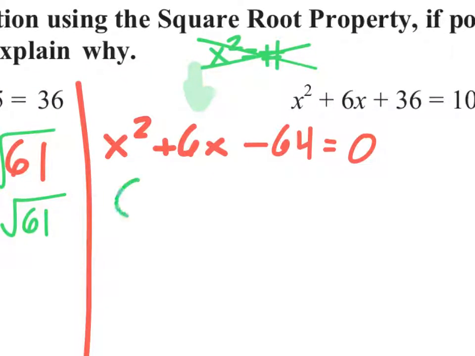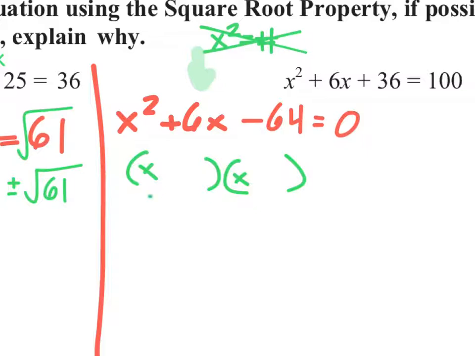And if you try to factor this, because we know it's x and x, you'd be looking for numbers that multiply together to give you a negative 64 that add to 6. And there's actually not a combination for that. So this one would not be factorable, which means we're going to need a new method.